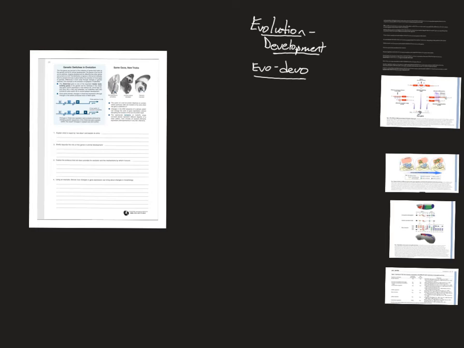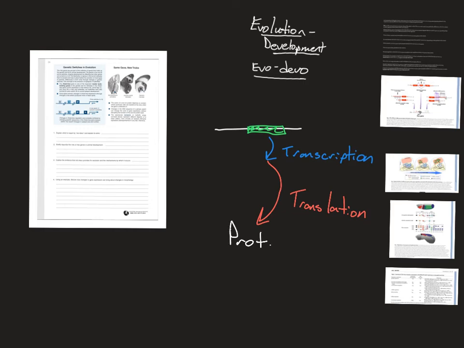So again, when we talk about genes, remember we're talking about little stretches of DNA that, through transcription, and then once it leaves the nucleus, through translation, produce a protein, some kind of amino acid polymer.